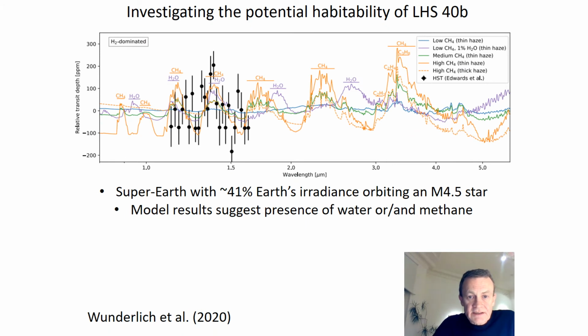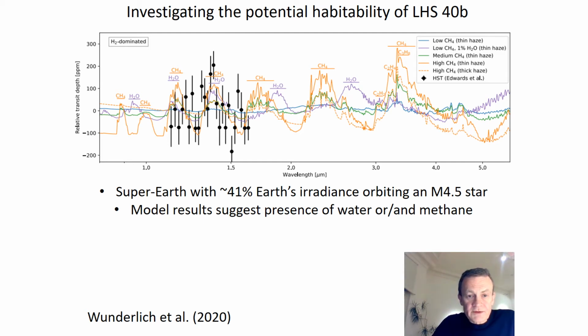So the second study I'd like to show you also shows a transmission spectrum, but this time it's for the exoplanet LHS 40b. So this is a super-Earth with 41% of Earth's irradiance, and it orbits an M4.5 star.